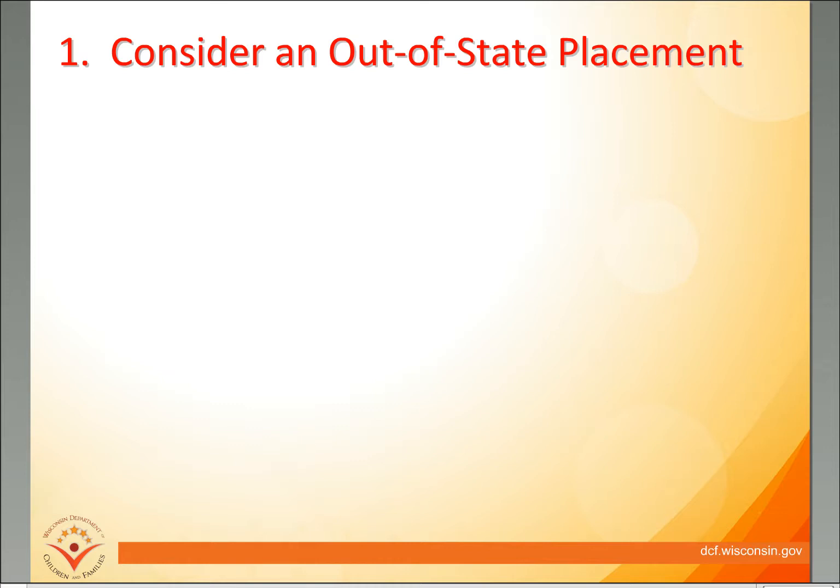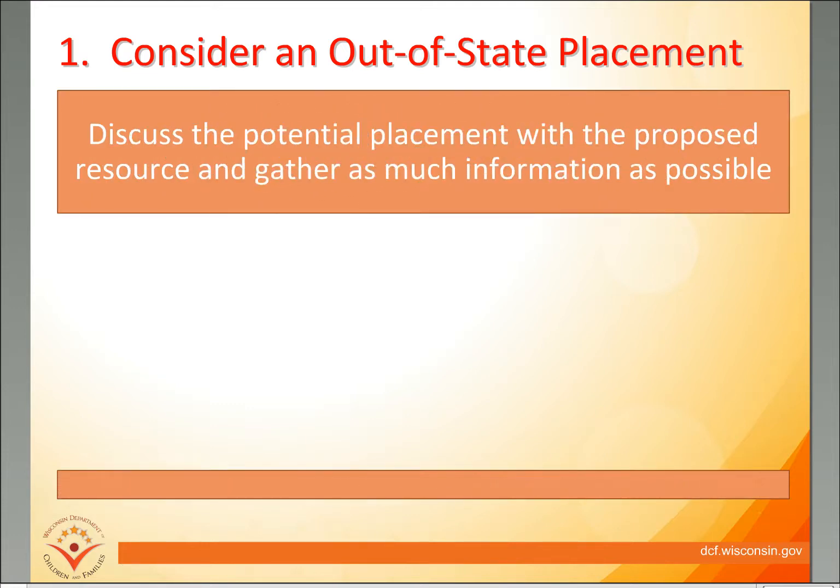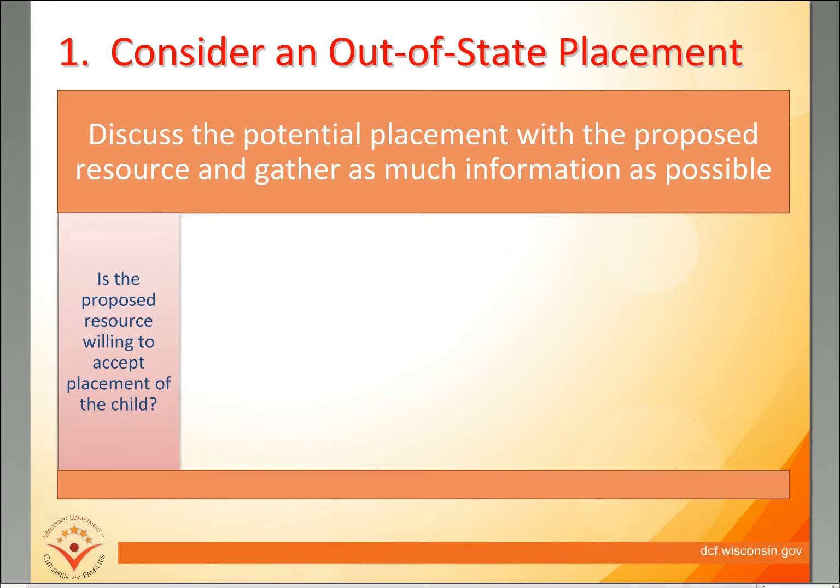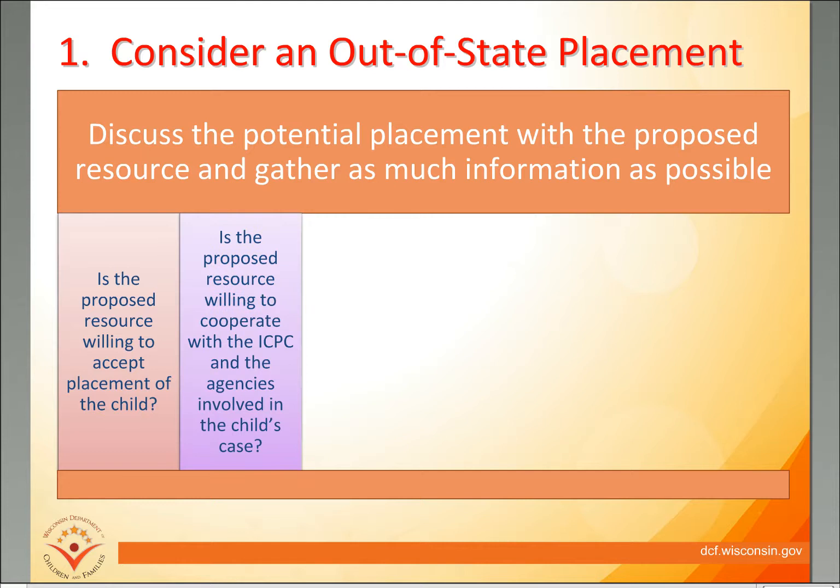First, an out-of-state placement resource must be explored and considered. Before you even pursue an ICPC request, you must discuss the potential placement with the proposed resource and gather as much information as possible. Here are a few things that you should discuss or consider. First, is the proposed resource even willing to accept placement of the child?